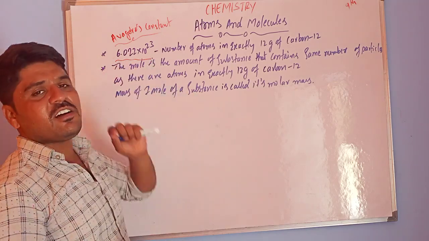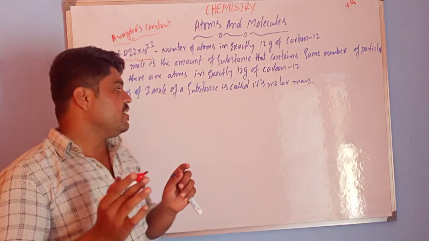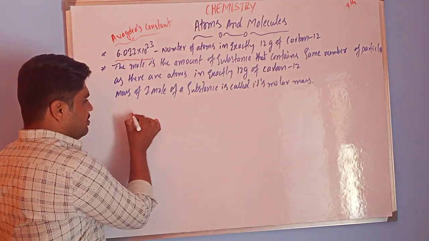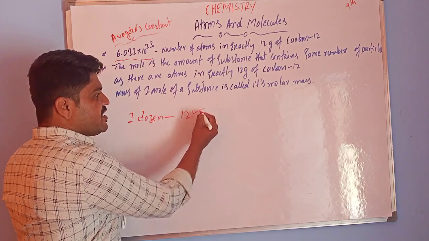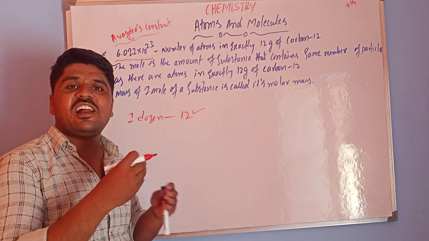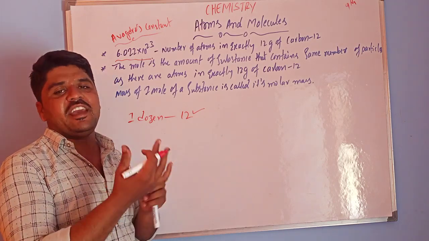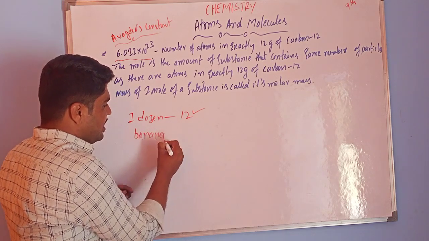So this value is a fixed number. If you consider 1 dozen, the number 12 is fixed, but the individual masses vary.